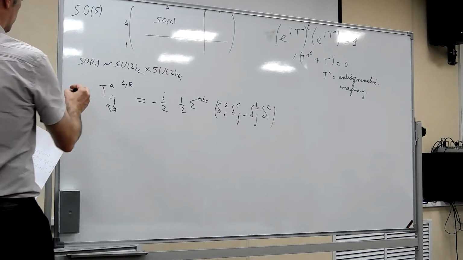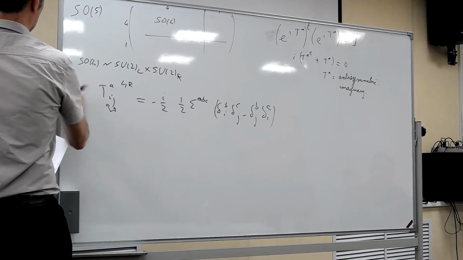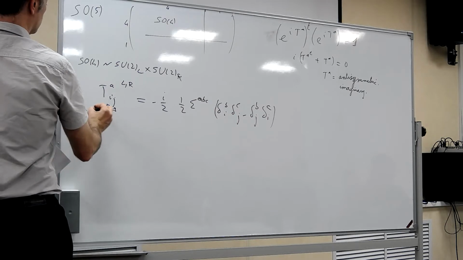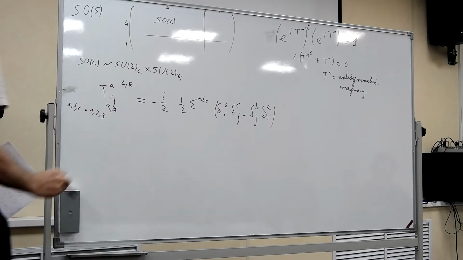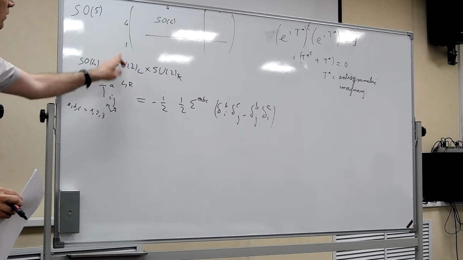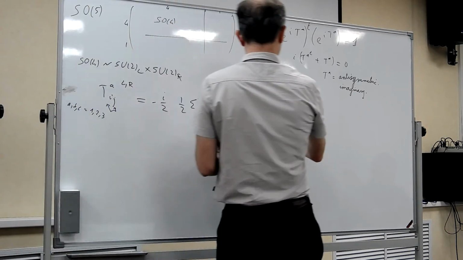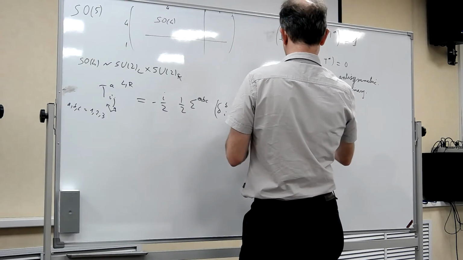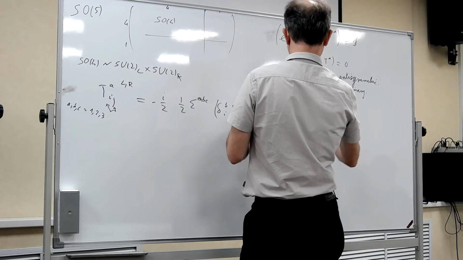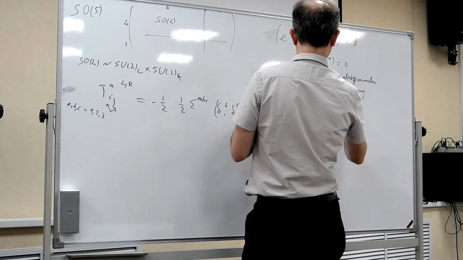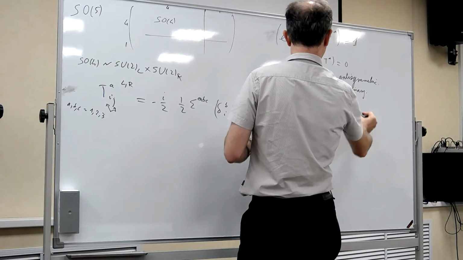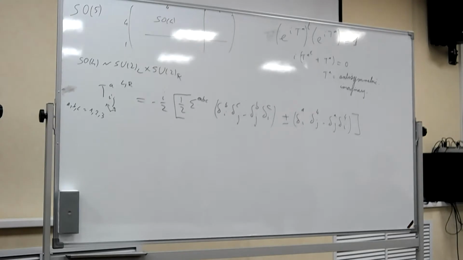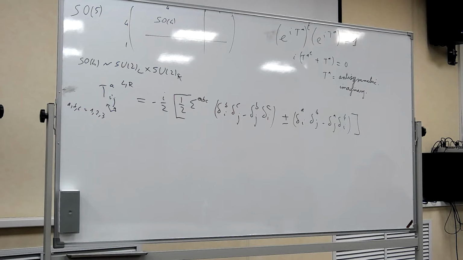So these should be the four broken directions, and this is simply T^{Â}. So Â will be equal to 1, 2, 3, or 4, and this is equal to minus i divided by the square root of 2 times delta^{Â}_i delta^5_j minus delta^{Â}_j delta^5_i.